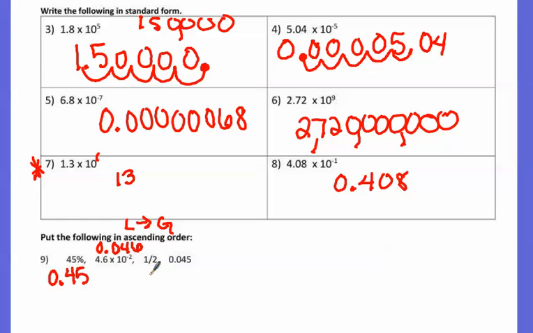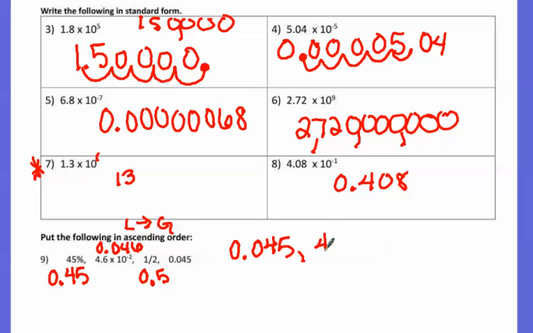1/2 is a fraction. It is also 0 and 5/10 as a decimal. Now that they're all in decimals, we're going to list them from least to greatest. Zero and 45 thousandths is the smallest decimal, followed by 0 and 46 hundredths.